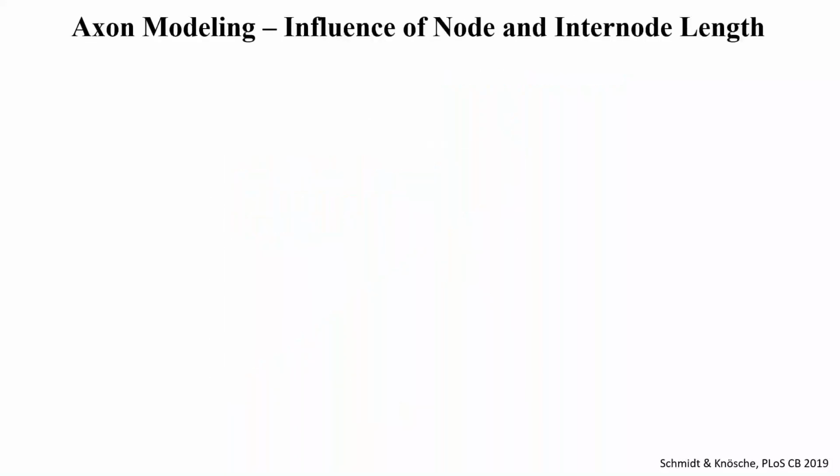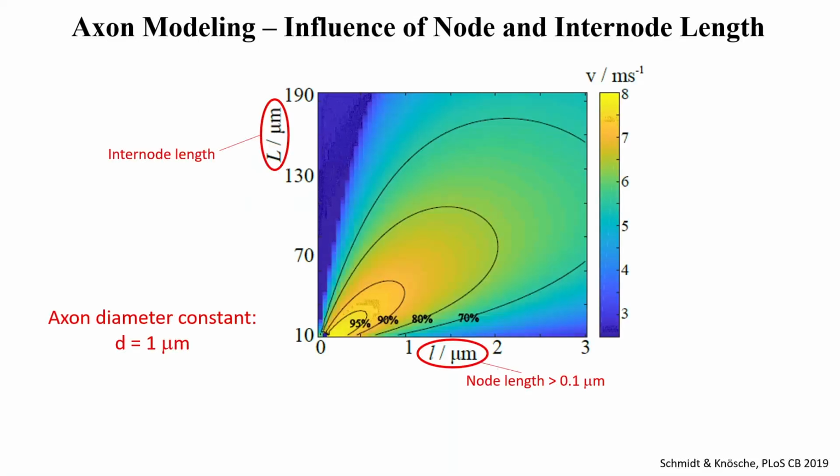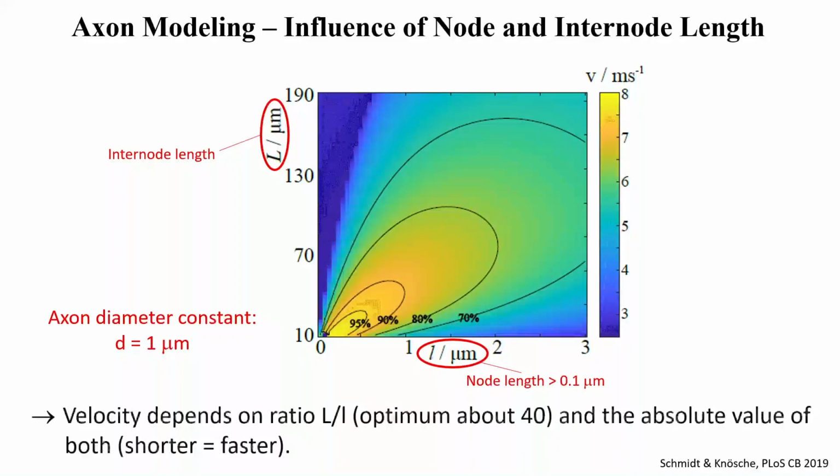So that's already nice. So what about the influence of node and internode length? It looks like this. Yeah, so we also make some assumptions about the other parameters, as you can see here. And we see that the velocity depends on the ratio between node and internode length, optimally about 40. And of course, also the absolute value, the shorter, the faster.